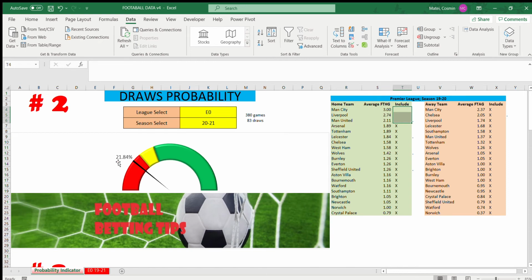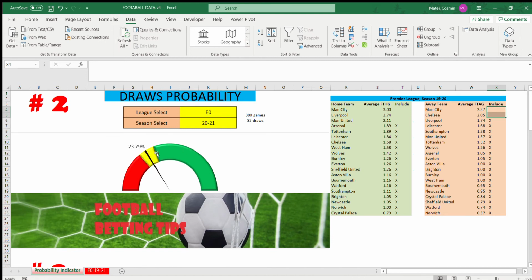We're starting with almost 22% chance of a draw, and after excluding these teams we have almost 23%. So we have increased almost 1.5% just by excluding the teams that have scored more than 2 goals. I will do the same for the away team and then refresh the formula again.